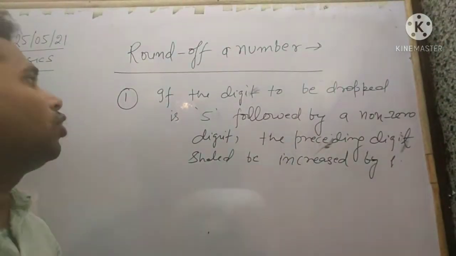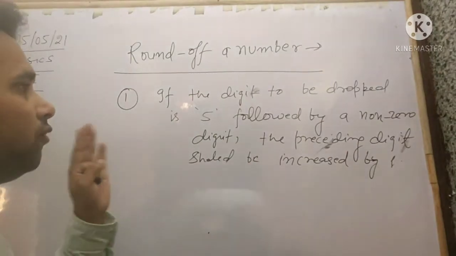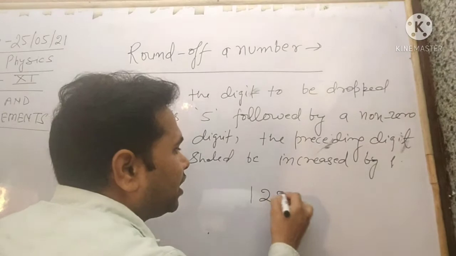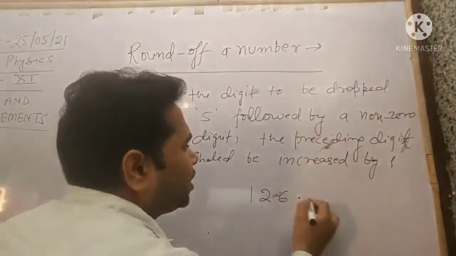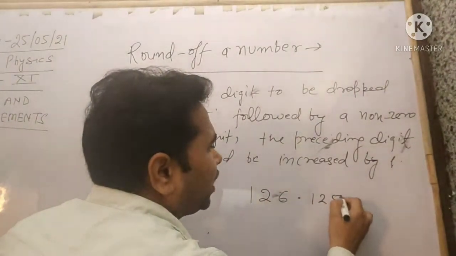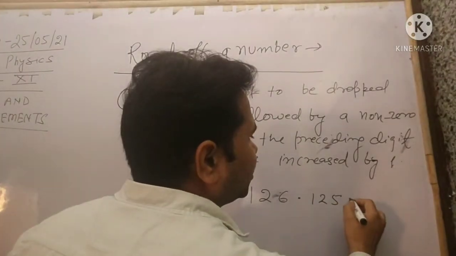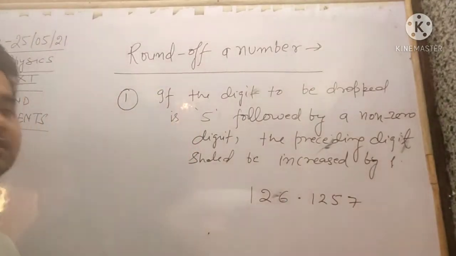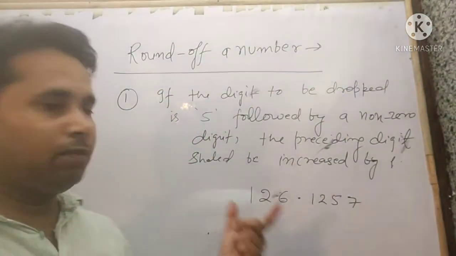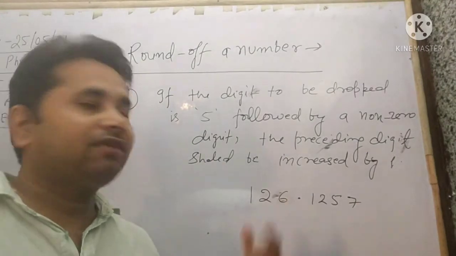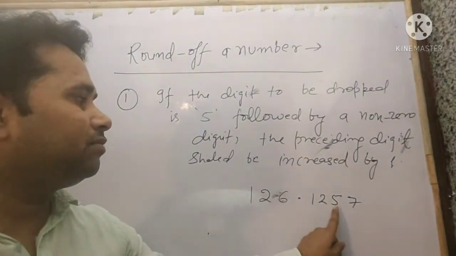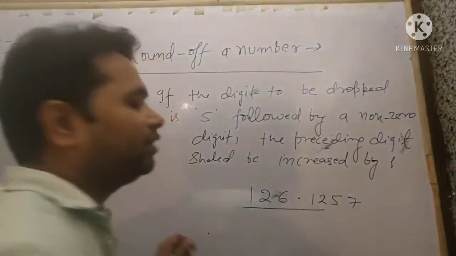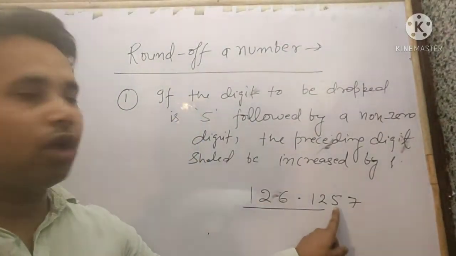If the digit to be dropped is equal to 5 and followed by a non-zero digit, see the example, suppose 126.125 and followed by a non-zero digit means suppose 7, ठीक है, like this number. Suppose we have to report the answer in 5 significant figures, इसका मतलब this should be the dropping digit, ये हुआ 5 हो गए, 5 digits, and now we have to drop this 5.